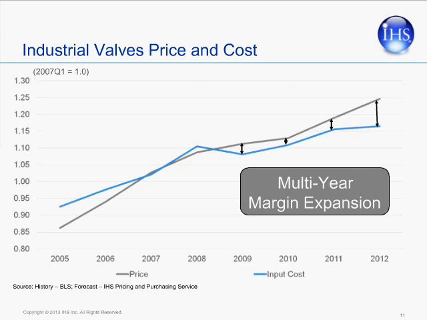So here's the graph. This is what a lot of us are facing in negotiations. The gray line there is prices. The blue line is input costs. You never want to see them moving too far apart. As a buyer, you don't want to see that gray line extending much higher than the blue line like it is now.